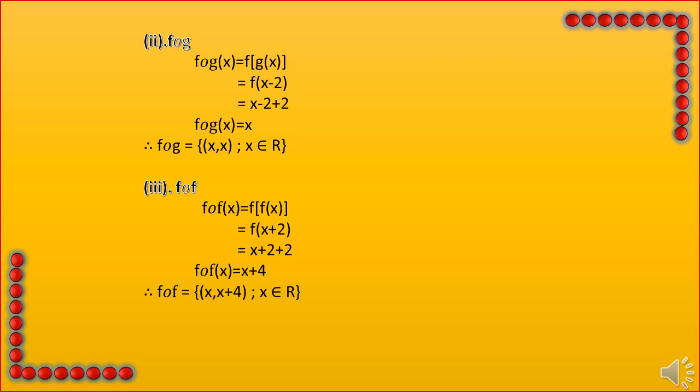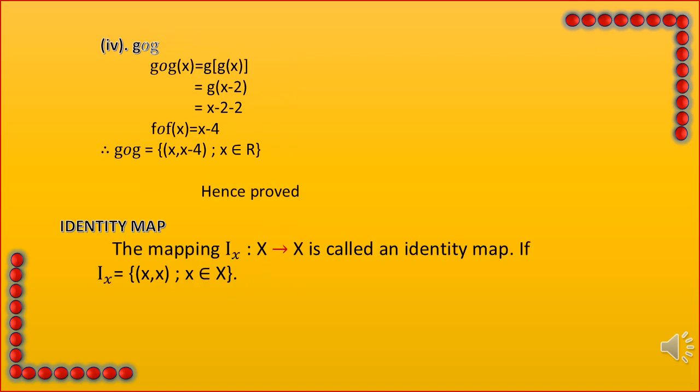The fourth option is g composition g of x is equal to g of g of x, is equal to g of x minus 2. By the statement g of x is equal to x minus 2, after that g of x minus 2 is again in the form of g of x.